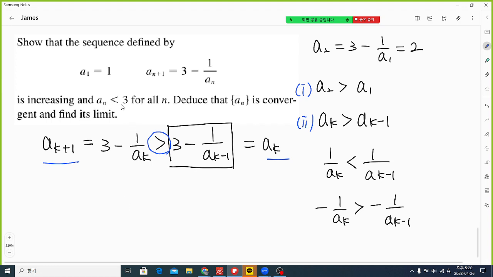And then the second one, the sequence is always less than 3. I'm going to once again use mathematical induction to show why it's always less than 3.